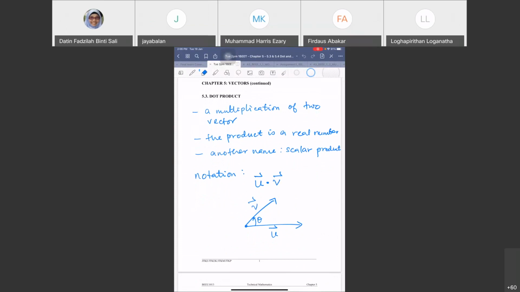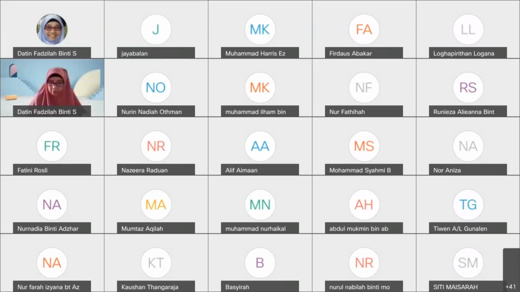We said that the dot product is also called the scalar product because the product itself is a number. This is the notation for the dot product, where you have a dot in the middle. For vector multiplication, basically you will have two non-parallel vectors whose initial points coincide.